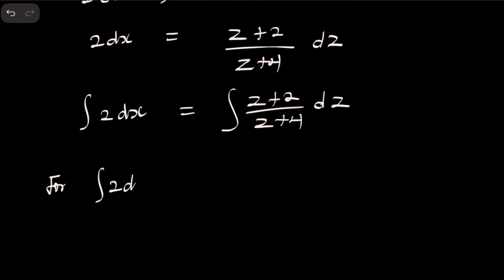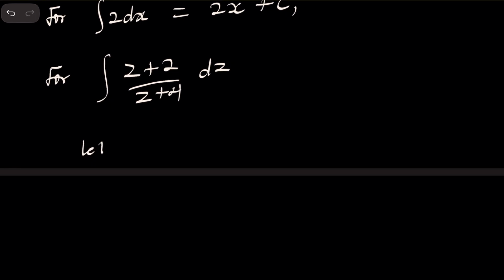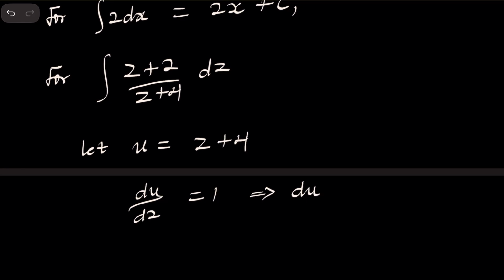For the integral of 2 dx, we are going to have 2x plus a constant, say c1. And also for the integral of (z + 2)/(z + 4) dz, we are going to use u substitution. And so we are going to let u = z + 4, which implies that du/dz is equal to 1. Thus du = dz.